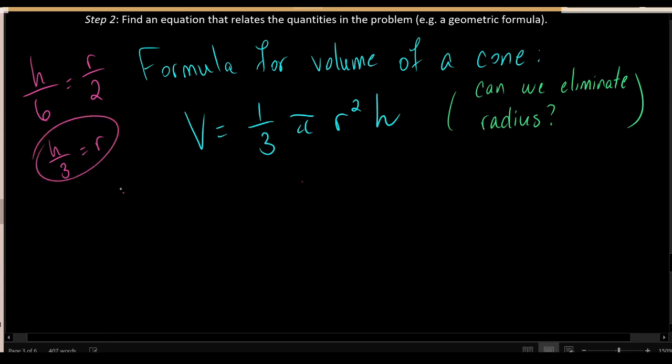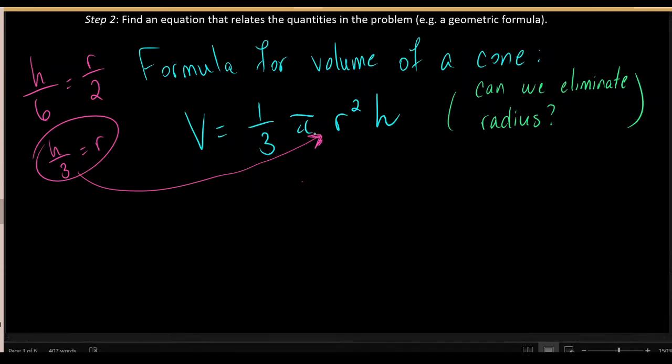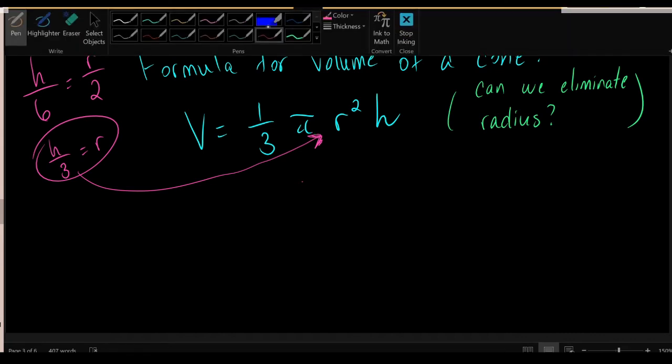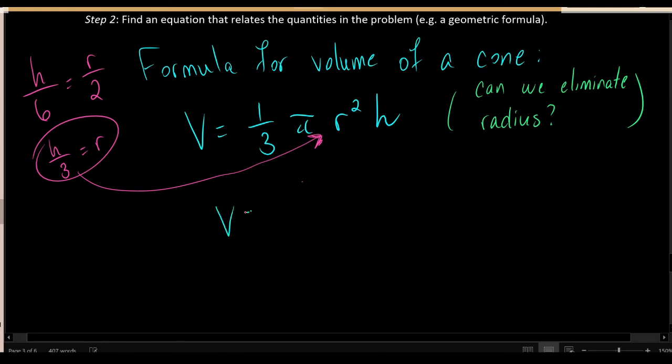If I substitute h over 3 into this formula wherever r appears, that will get rid of r and leave something containing h only. So h over 3 quantity squared instead of r squared.